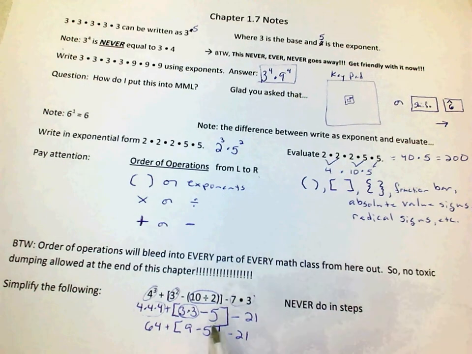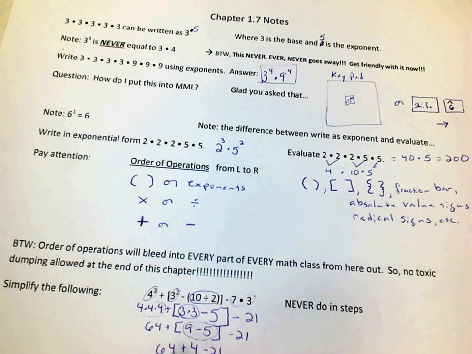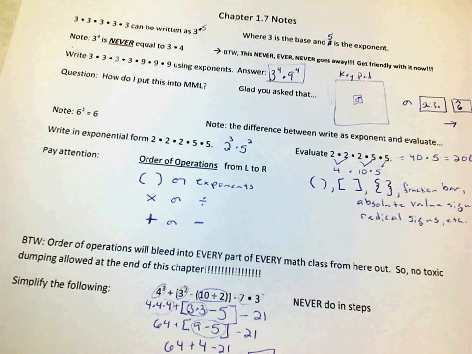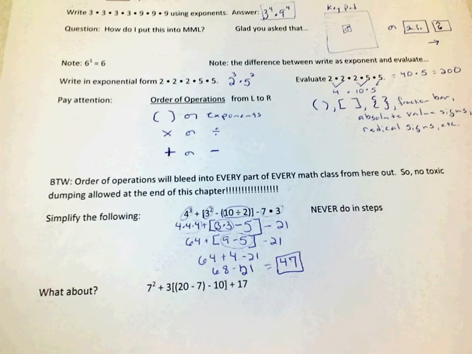Now I still have that bracket, so I circle that, and since everything is circled, I get rid of the bracket. 64 plus 4 minus 21, and 64 plus 4 is 68 minus 21, and when I subtract those, that gives me 47. If you try to do this in pieces, you're going to get it wrong every time, and I promise you that. So never, ever do them in pieces.